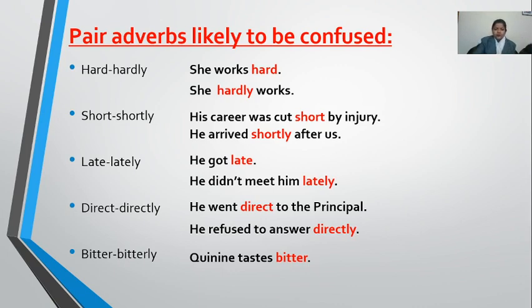Now when we say the child cried bitterly, bitterly means he cried very badly. How was the child crying? Bitterly, very badly. So when we sense badly, we say bitterly, but when we talk about taste, we say bitter. Don't forget that they both are adverbs, but they make different senses whenever used in a sentence.